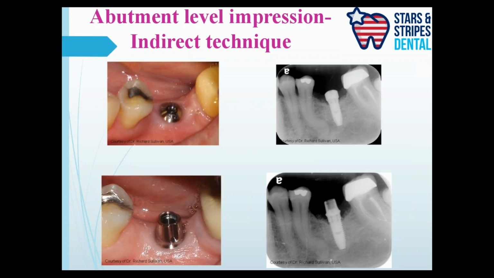Here in the picture, the healing abutment is removed, and this is the final abutment. If you're using a Nobel Biocare implant, it's called a snappy abutment. You're tightening the screw, and even though it is an abutment, not an impression coping, you still have to verify it on the X-ray to make sure it is seated correctly, with no gap. So you verify that, you are okay, you move ahead.